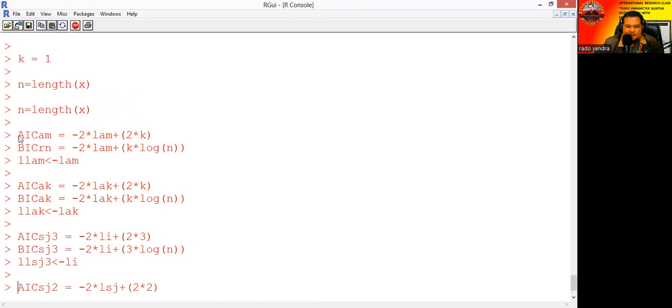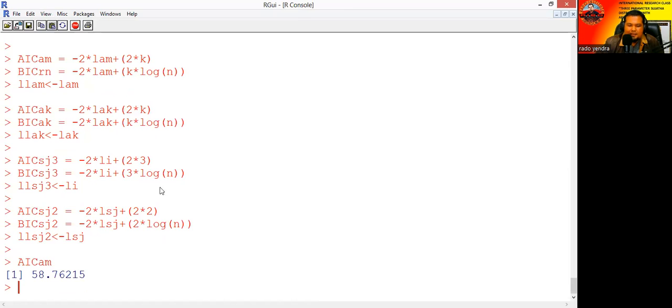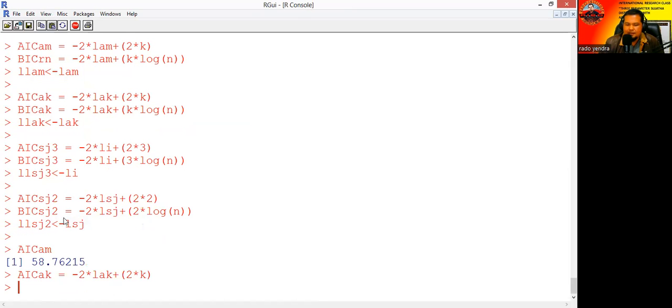Okay, for the IC of Amarendra, copy, paste here, enter. Amarendra is 50x. And then AKAS here, copy, paste here. Okay, this is for the AKAS.